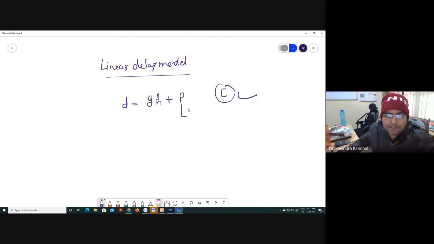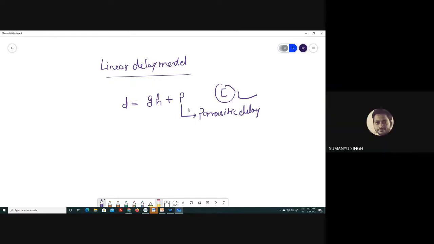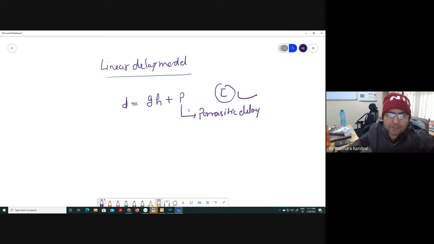P is the parasitic delay, which is the delay of a gate when it is driving how much load? No load. Zero load. In the zero load condition, the intrinsic parasitics of a particular gate will be captured by this parameter P. H happens to be electrical effort, which is nothing but C out divided by C in.